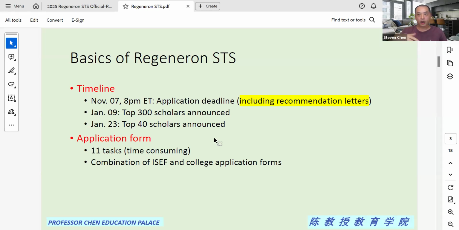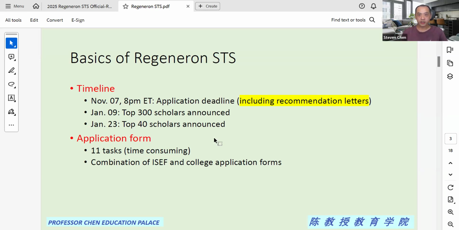When you prepare for your RD application, before the deadline, just go ahead and submit your application without thinking about Regeneron STS. Okay? After you submit your applications for the RD cycle, suppose that on January 9th, you get a notification from STS that you're accepted, then immediately contact the universities you just applied to and update your information.